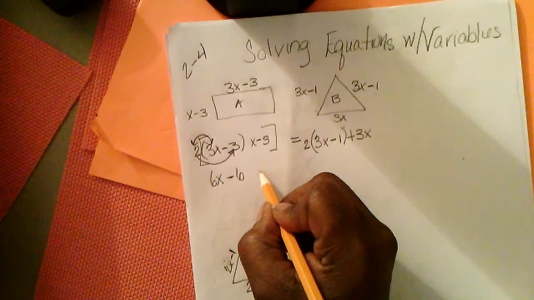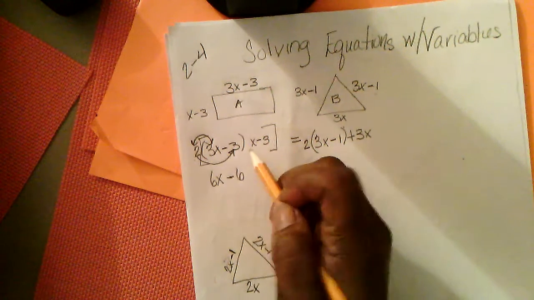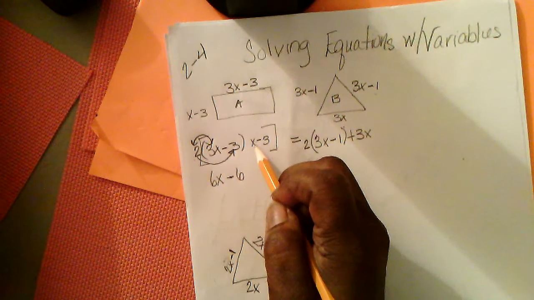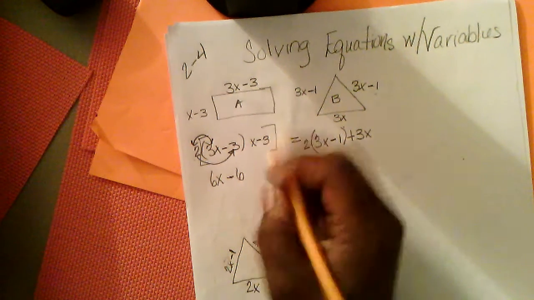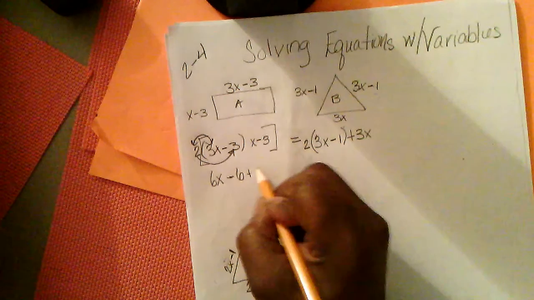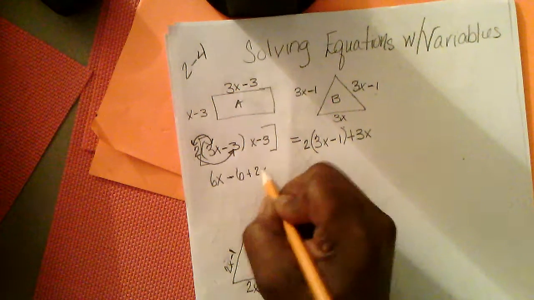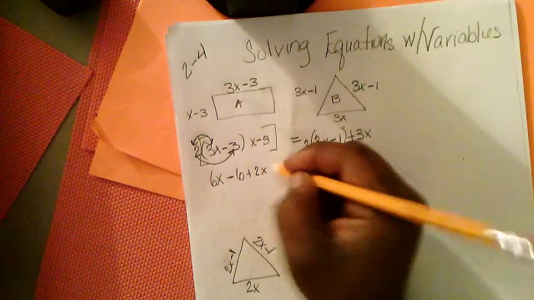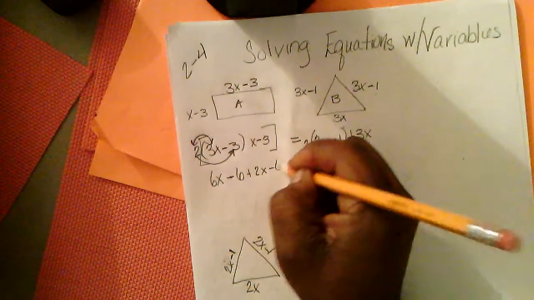And then we have 2 times x, which gives us 2x. And then we have 2 times 3, and that's a negative, so it's going to give us negative 6.